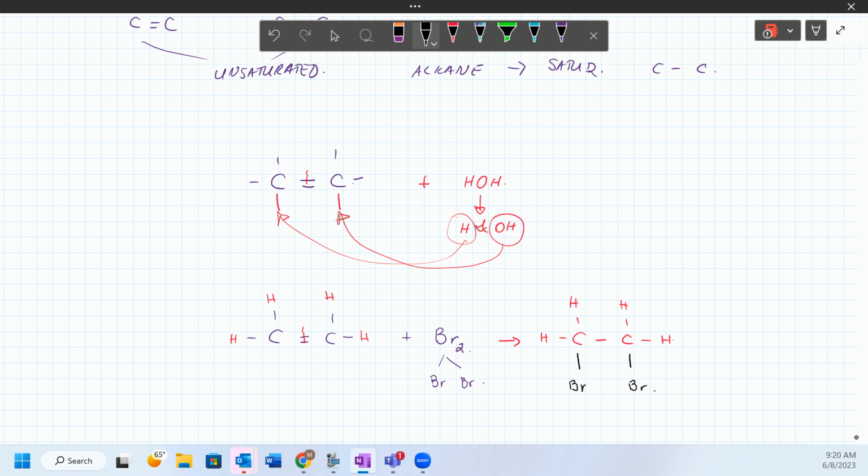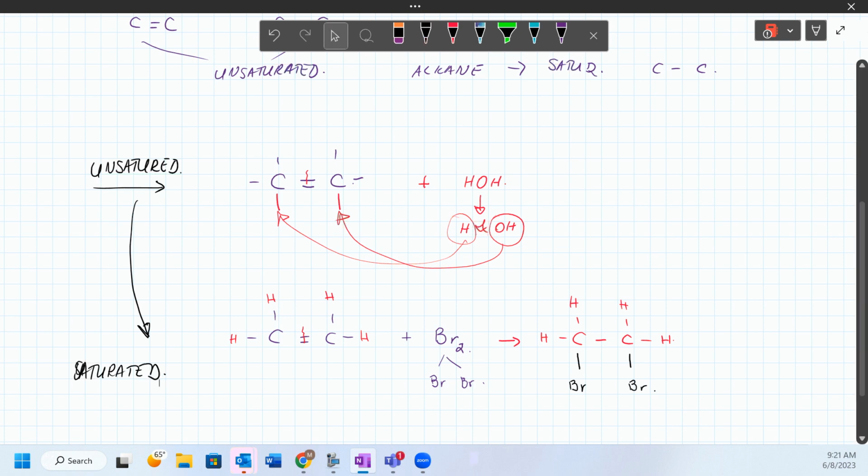And then what is happening with the hydrocarbon compound is it goes from unsaturated, because you have now a double bond here that makes it unsaturated, to a single bond, meaning that you are making it saturated. Make sense?